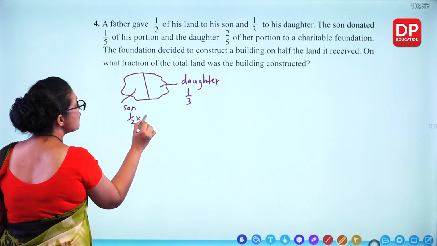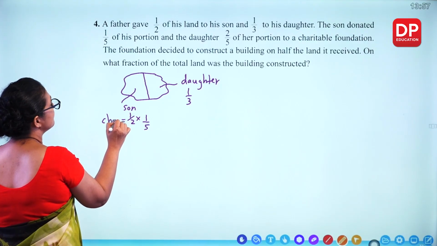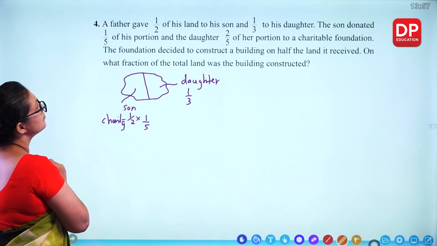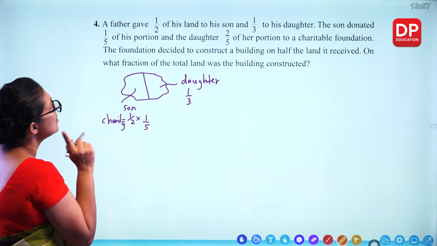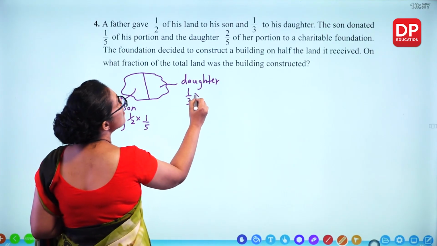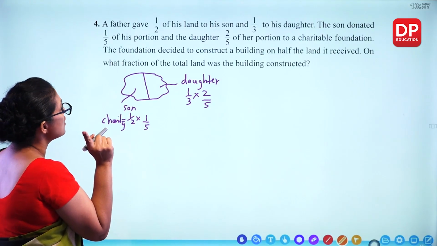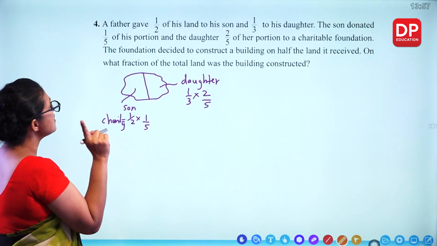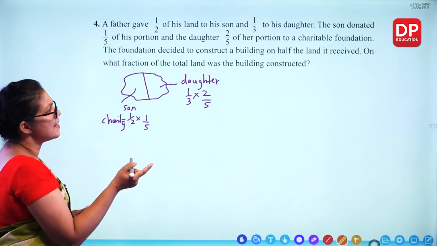So 1/5 of that to the charity. 2/5 of her portion, daughter, 2/5 of her portion to the charitable foundation. The foundation decided to construct a building on half the land it received.